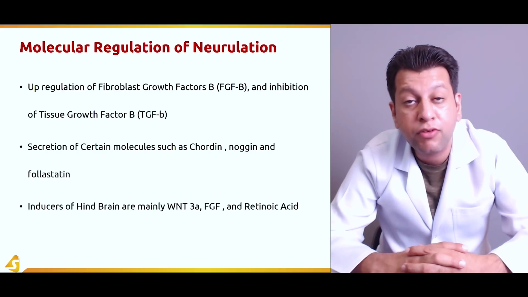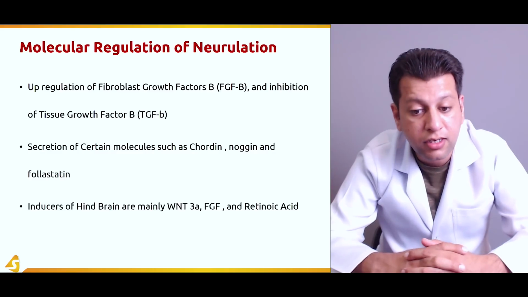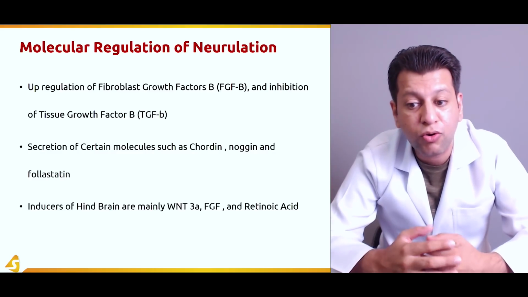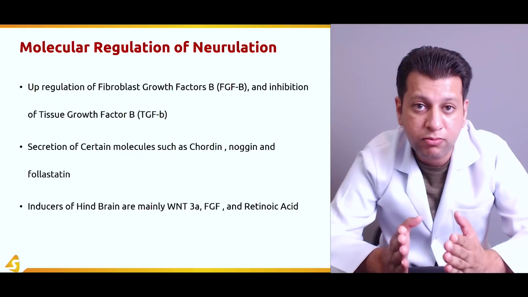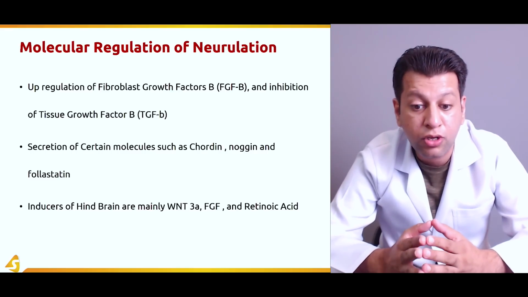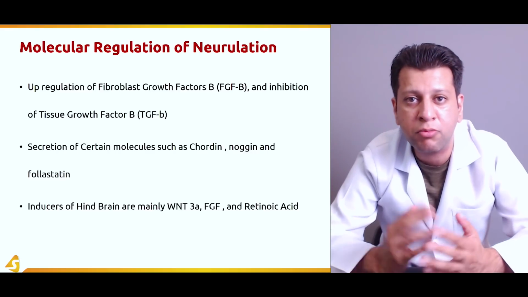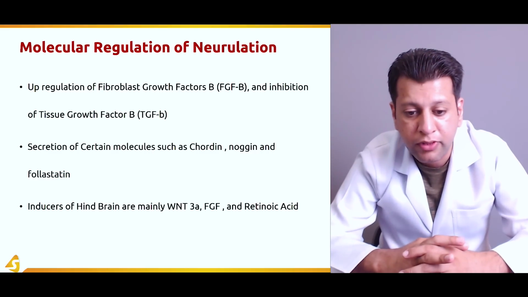Then there is secretion of certain molecules such as chordin, noggin, and follistatin. I have already told you. Certain genes present in these cells cause the release of these molecules, but exactly what the receptor mechanisms and signaling pathways are, we are still not clear.